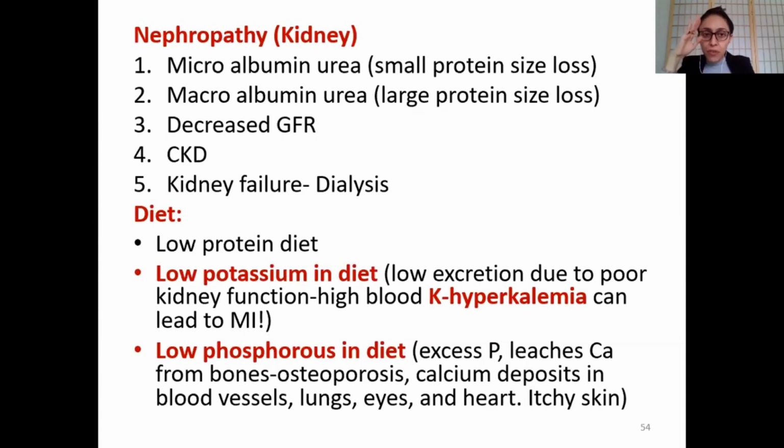But yes, the first symptom which you see in nephropathy is microalbuminuria. You're losing small protein cells. Then you have macroalbuminuria, meaning large protein cells are lost. Why is this happening? Because you have glycosylation of your glomerulus filtrate.